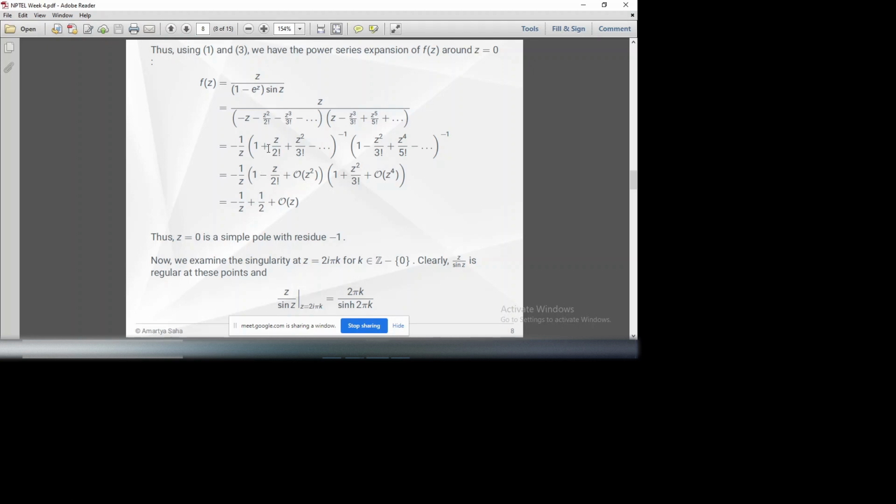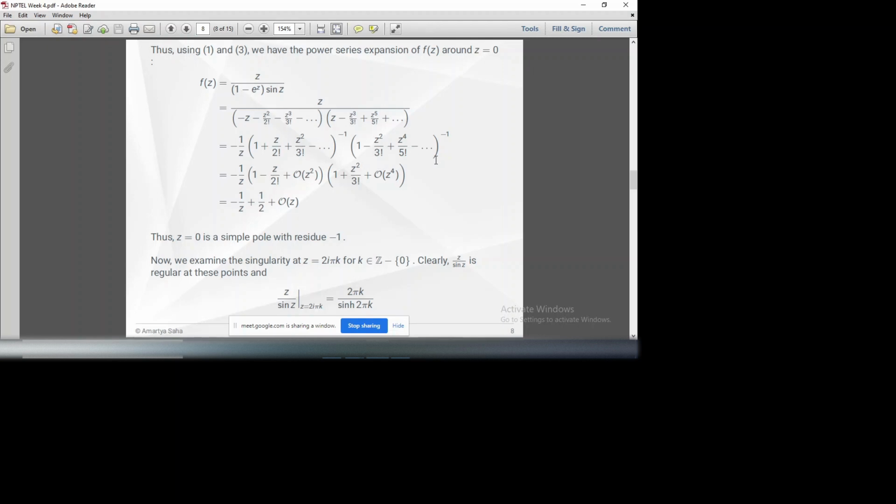We get 1 minus z by 2 factorial plus higher order terms, so order z squared terms and higher. And from the second factor also 1 plus z squared by 3 factorial and then order 4 terms. So you see, you will get no negative power of z from these two factors.